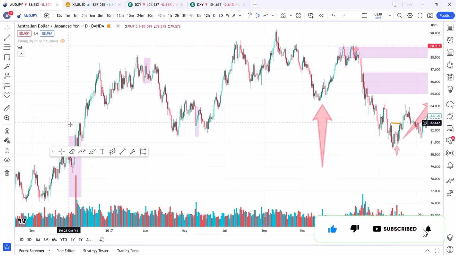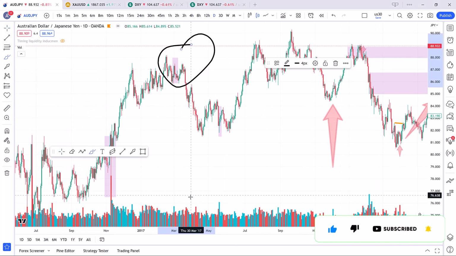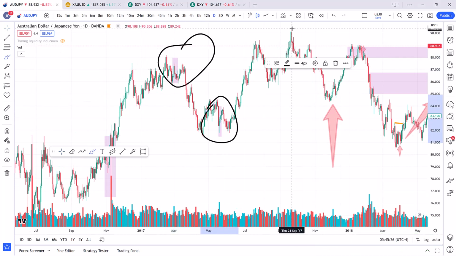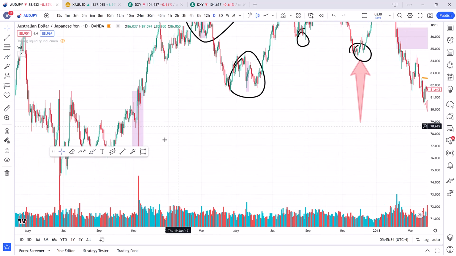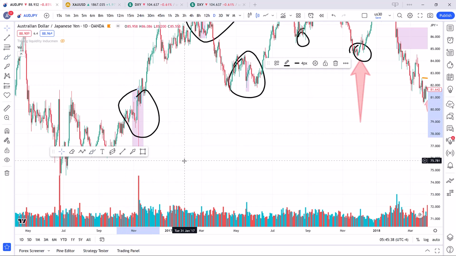We can decide if it is a reversal like here, like even here, and like here, or a continuation like here. So high volume bars, after they validate themselves by breaking a structure, are very important for us.